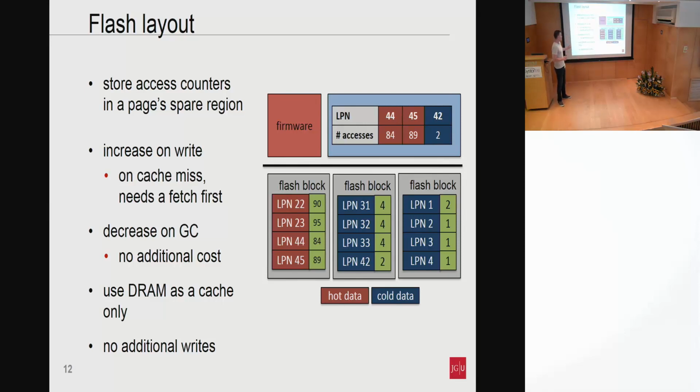Also very important here, we do not introduce any additional writes by doing so. We only introduce additional reads, which are very SSD friendly because they don't trigger the garbage collection process and so on. And the number of writes from the user will remain the same.